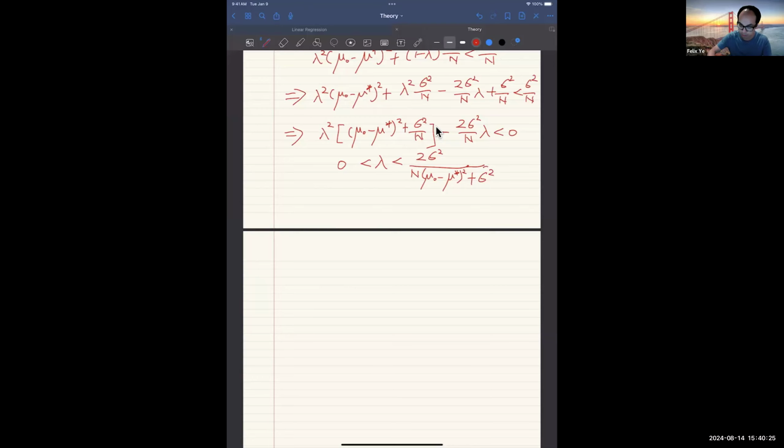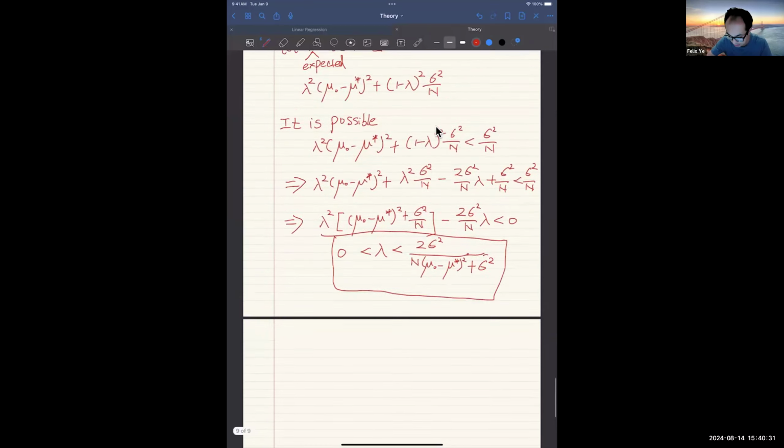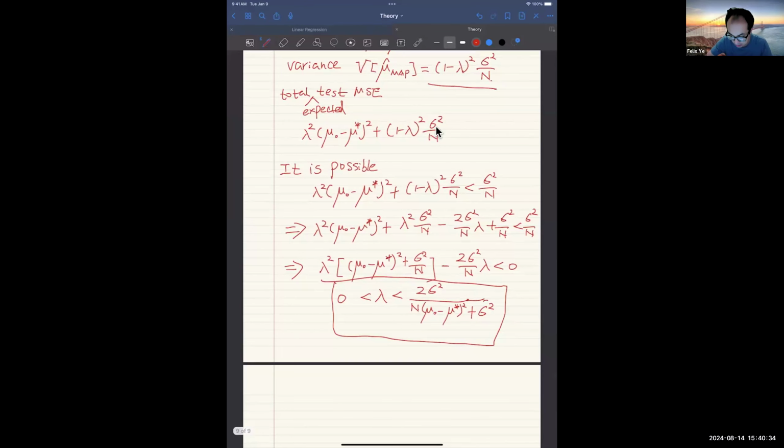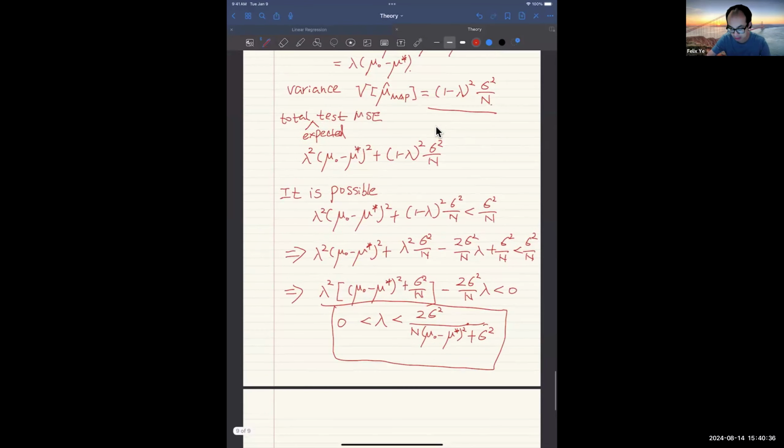So we can choose lambda in this region such that our biased estimator, which is the MAP estimator, actually performs better in terms of expected test MSE compared to the MLE.